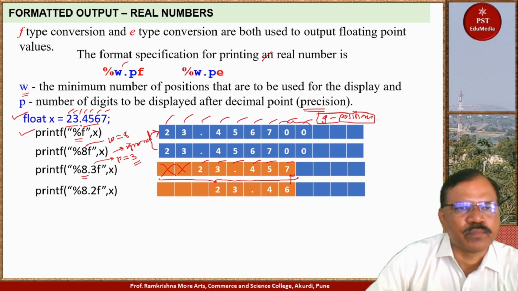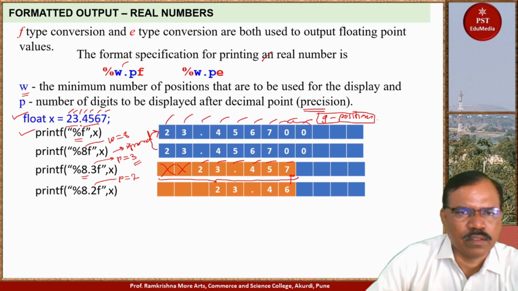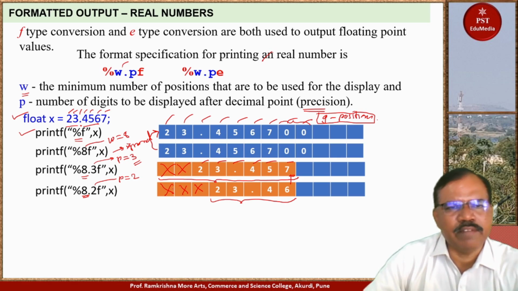If we take printf in double quotes %8.2f, x, the precision is now 2, so only 2 decimal places are printed. The number is rounded to 23.46, so 5 positions are required. Width is 8, so 5 positions are used, it is right justified, and the initial 3 remain vacant.